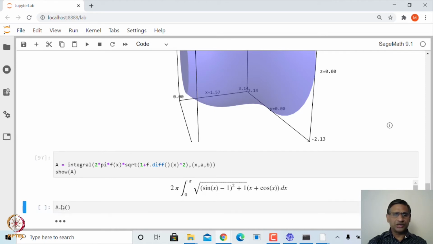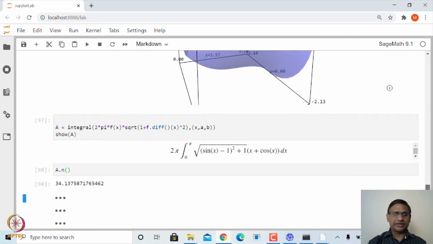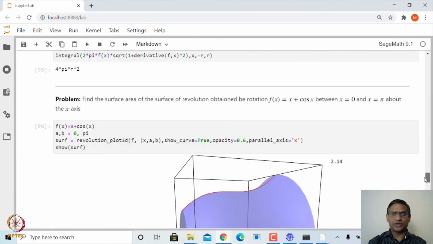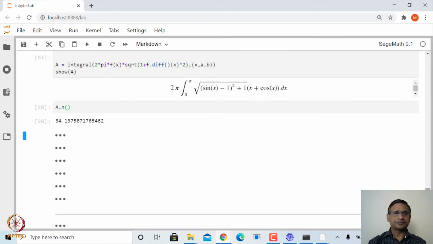You may need to compute its numerical value, because it is just giving you the output as the integral which we have entered. So, if you are unable to find the integral in closed form, then you may use N or numerical integration for arc length and surface area, etc.